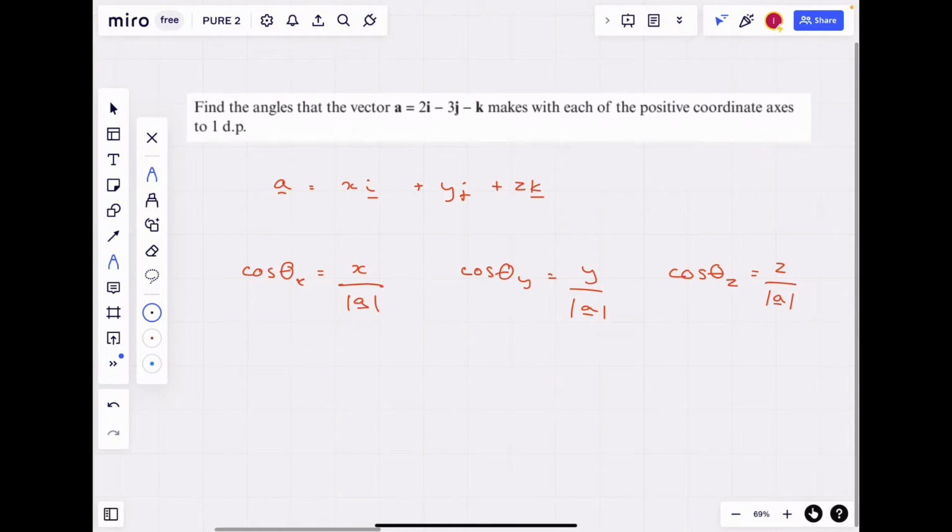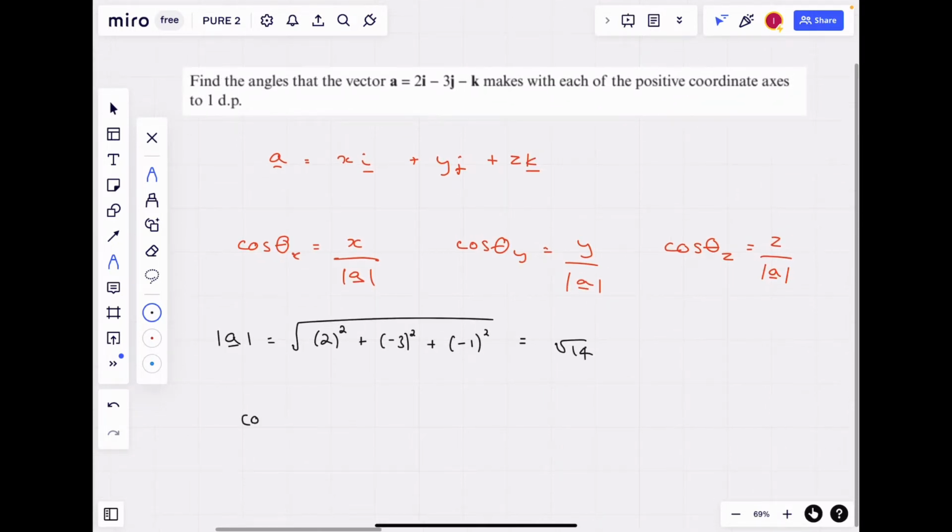So how do we work out the magnitude of a? You're going to do each of your coefficients squared, and you're going to do that under the square root. So the square root of 2 squared plus minus 3 squared plus minus 1 squared, which gives root 14 in total.